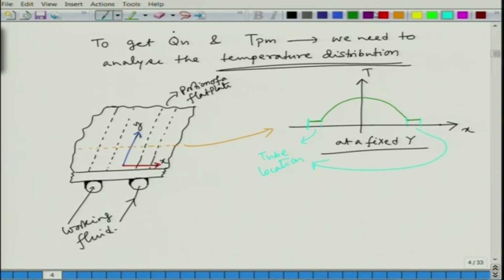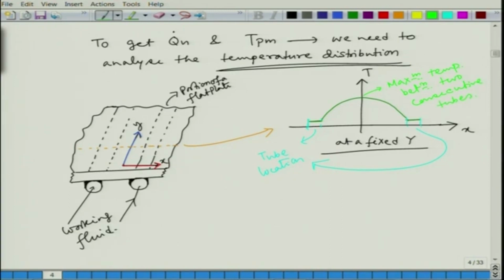And here we get the maximum temperature between two consecutive tubes.